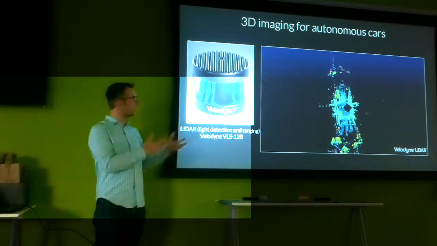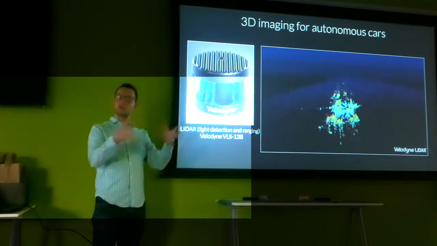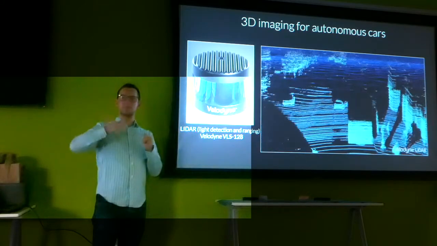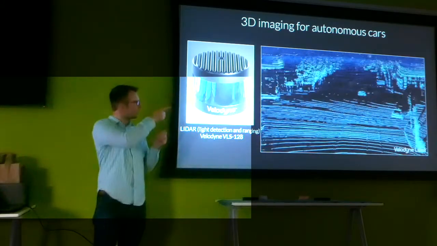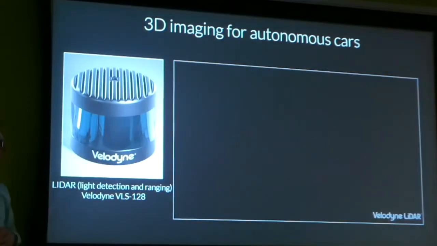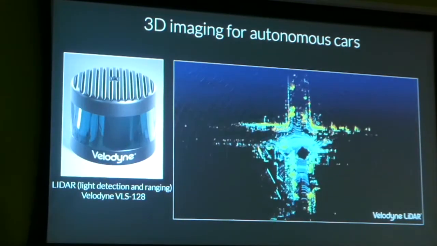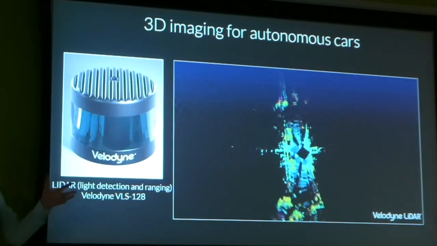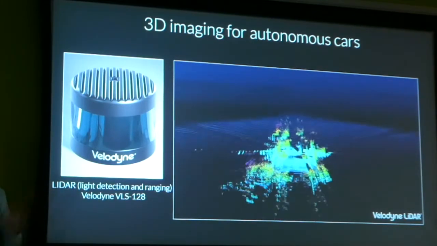This is a 3D point cloud. You're capturing the 3D geometry of the surrounding scene by measuring how long it takes for light to travel to each point and return. You capture one of these measurements for each 3D point, and you can see the 3D structure of different objects on the road, pedestrians and cars.